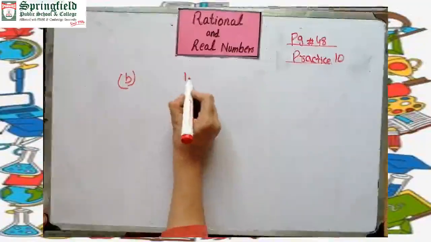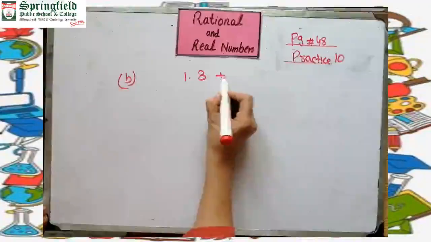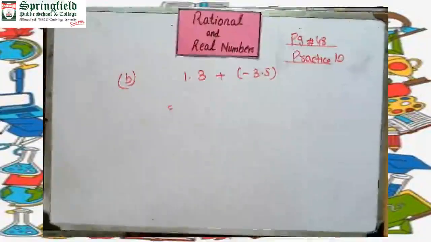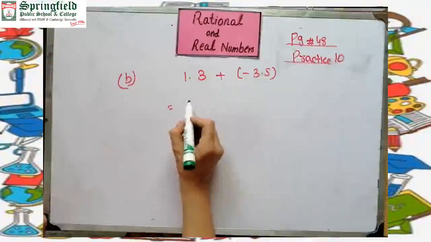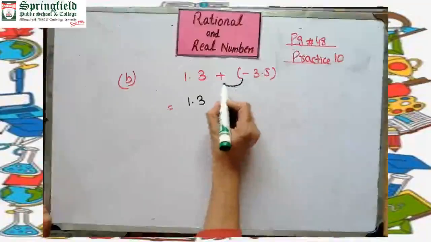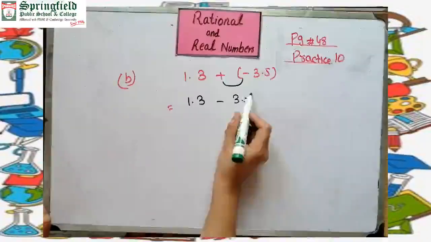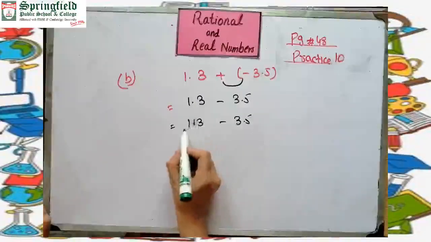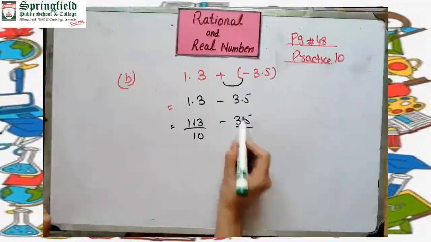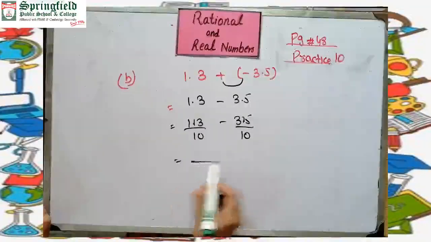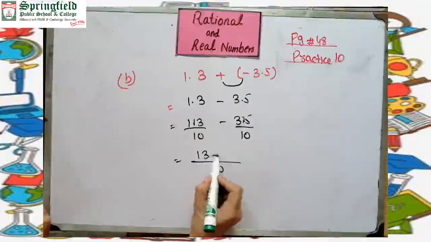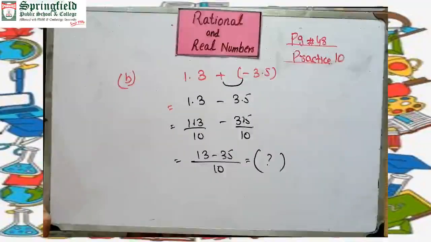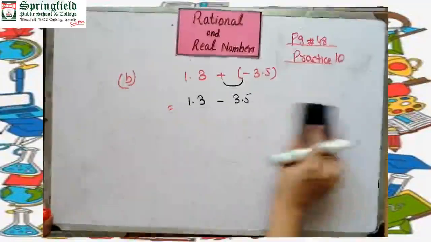The B part is 1.3 plus bracket minus 3.5. As we know, first we will open the bracket, so plus minus 3.5. So 1.3 and minus 3.5: remove the point, write down 10 in the denominator, again remove the point, write down 10. Here the denominators are the same. So 13 minus 35, what will be the answer? Find out the answer, it's your task. Understood, beta? Okay.